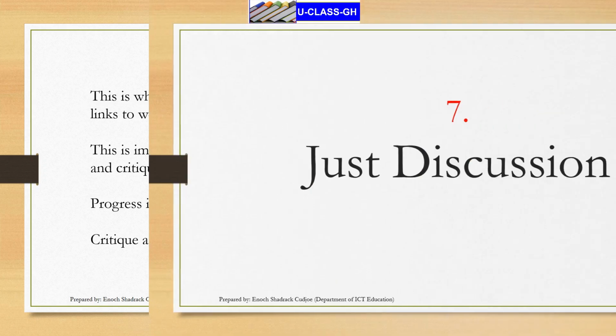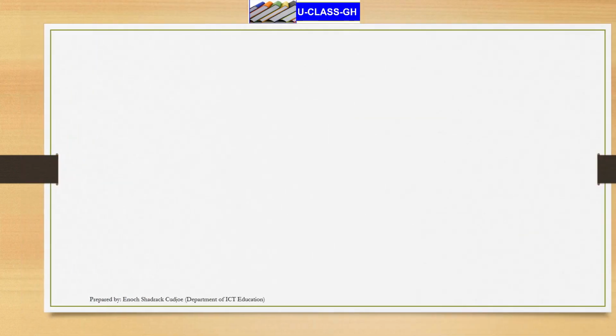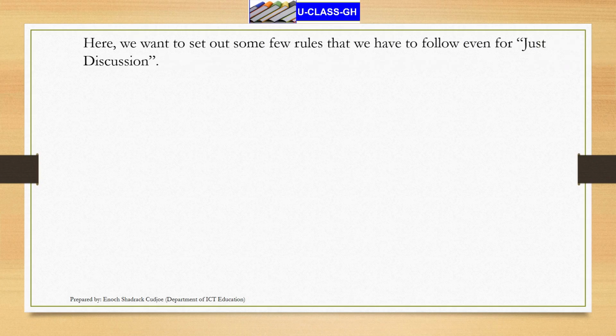The next activity is just discussion. Here we already know what discussion is, so we're just going to look at some few rules that we have to follow. Even for just discussion, there are some rules we have to follow.